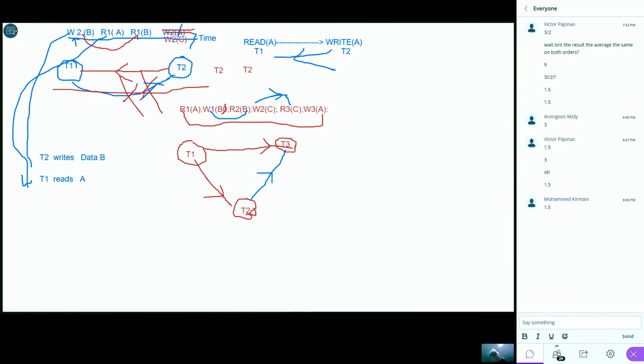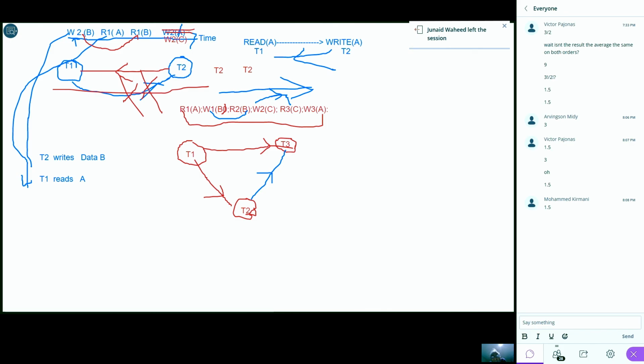Let's keep on going. This is C, this is also A. Doesn't work. Now let's look at this one. This is C, this is it. Remember, time is moving in this direction, so you can't go back. You are always going forward in time. Now what happens here?